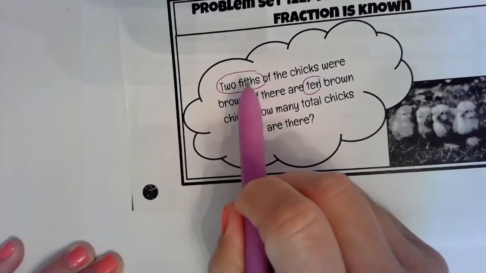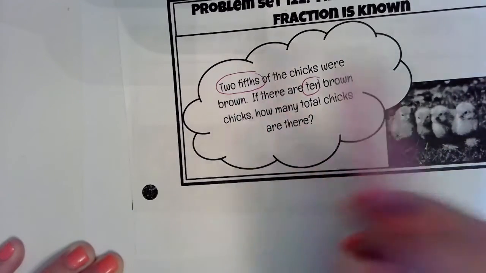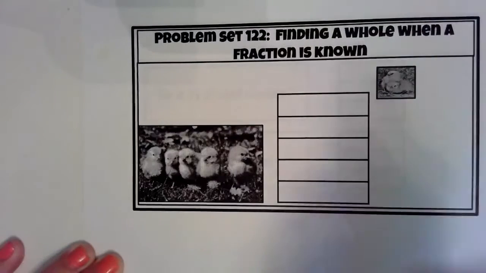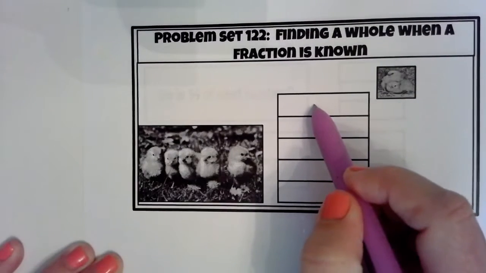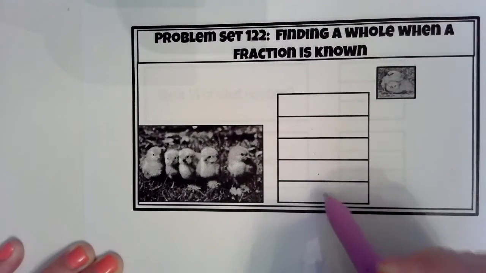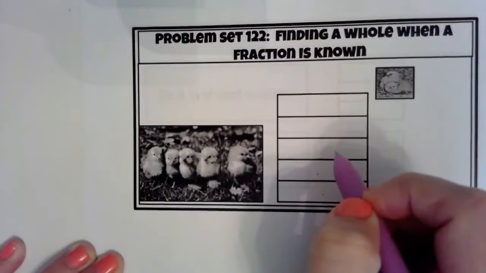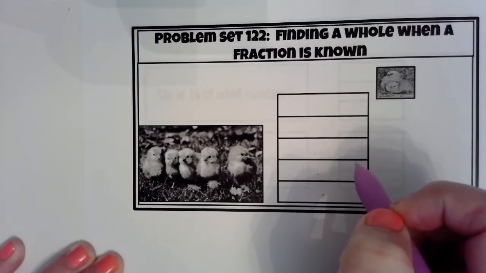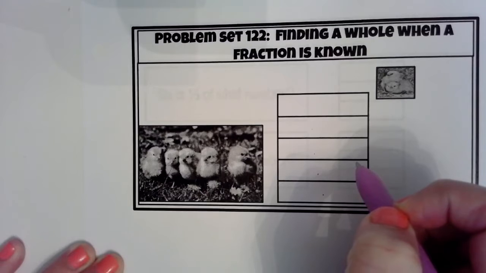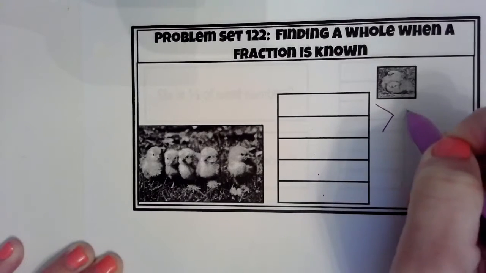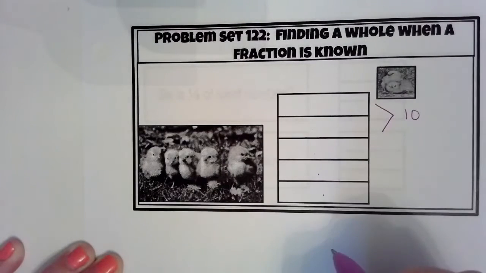That helps us know how many total parts there are. So there are a total of 5 parts: 1, 2, 3, 4, 5. And if 2 of the parts total 10, that's helpful information. So that means 2 of these total 10. And if they're all equal parts, then how many are in each part?